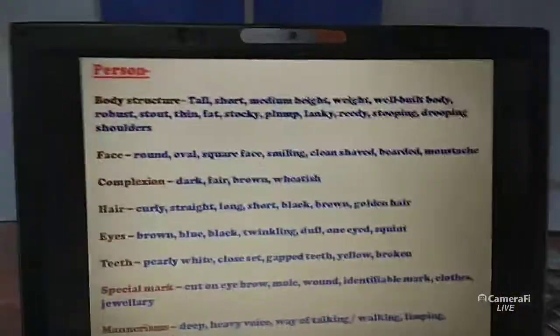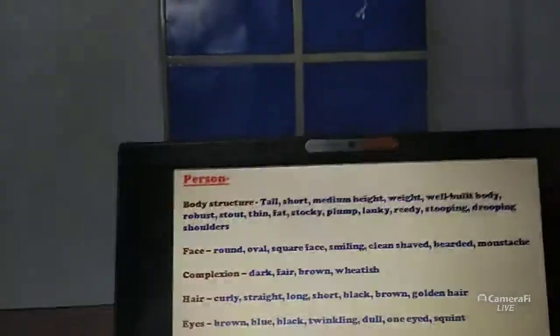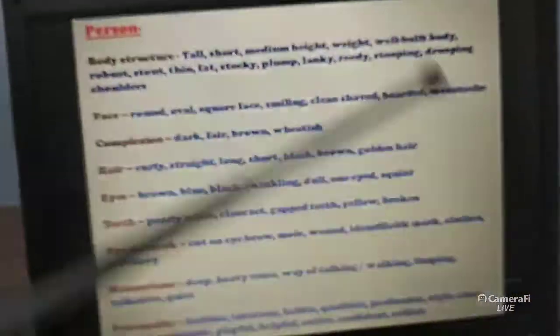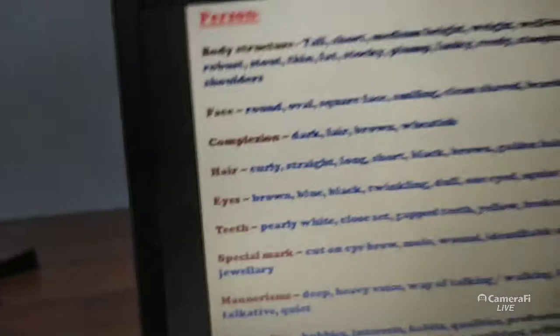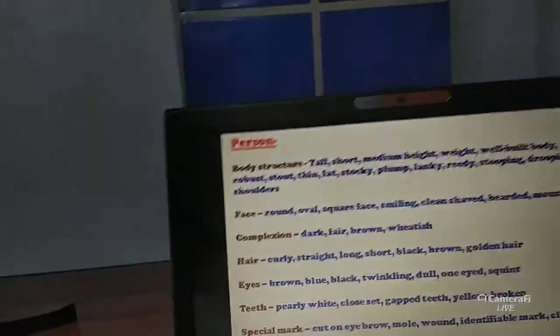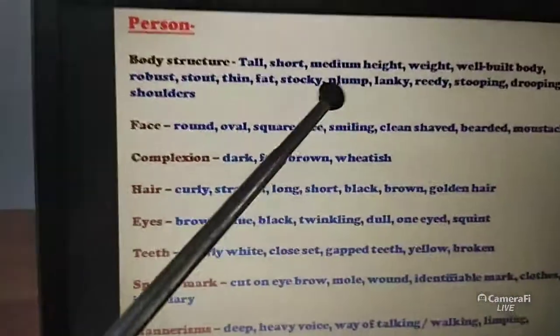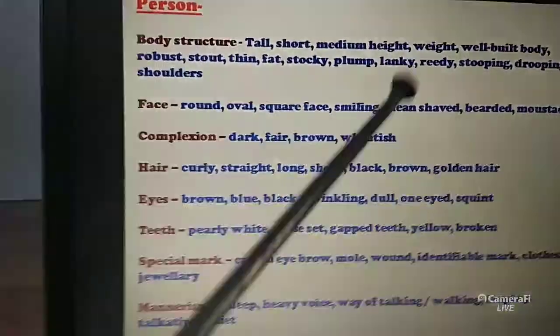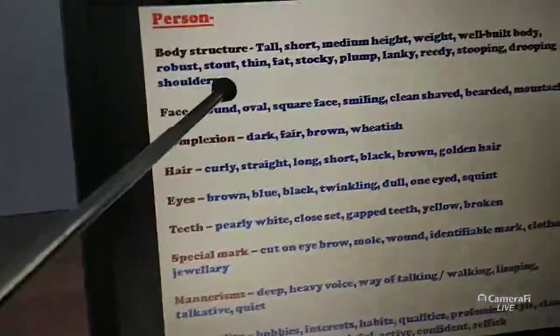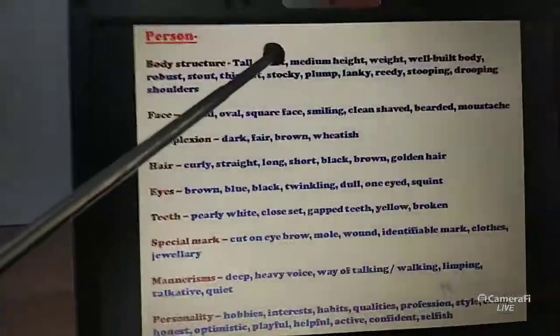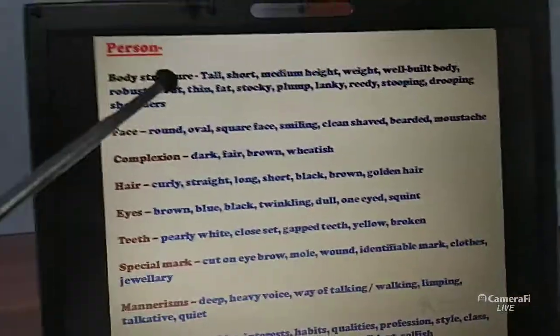Whether he has a well built body or not, robust, stout, thin, fat, stocky, plump, lanky, reedy, stooping, drooping shoulders. These types of words generally we use while describing the body structure.